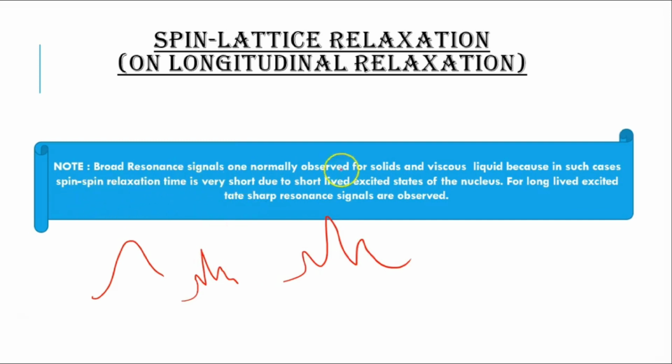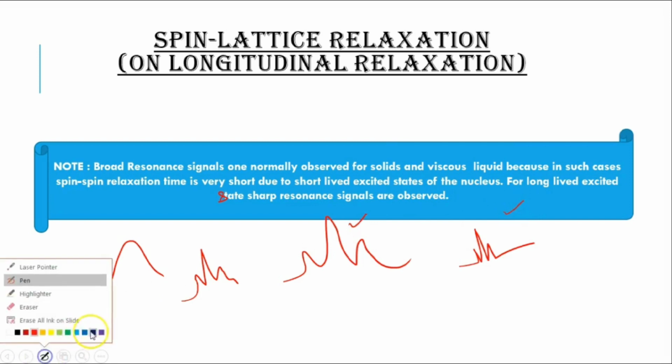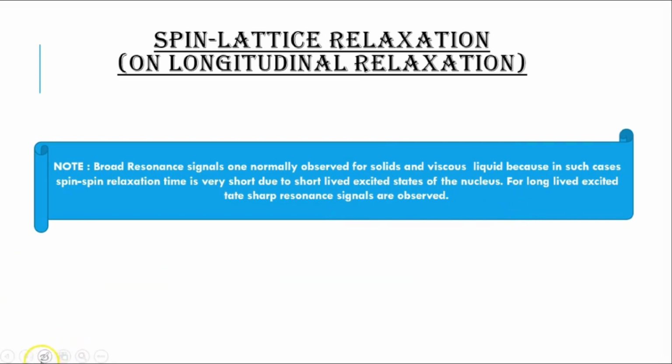And okay, that is one thing. And for long lived excited states, sharp resonance signals like this are observed. So these are the broad ones, these are the sharp ones. This is how such kinds of signals are going to be noticed in the upcoming NMR spectra when you will be able to read them. आप ये चीजें अच्छे से समझ जाओगे, right? So that's all about it.